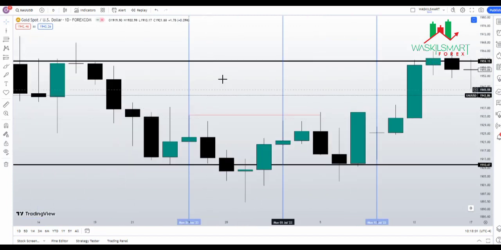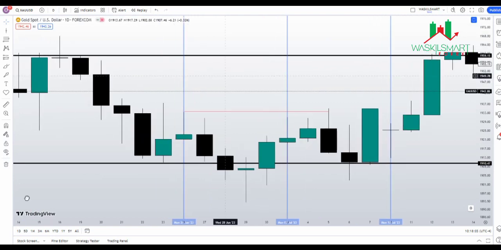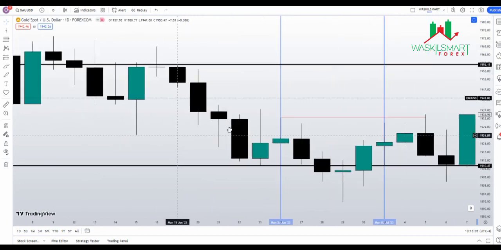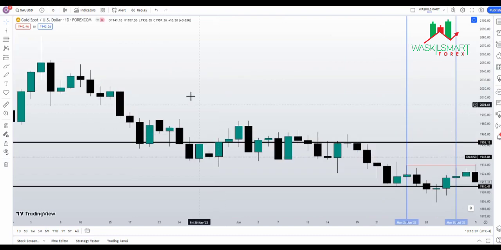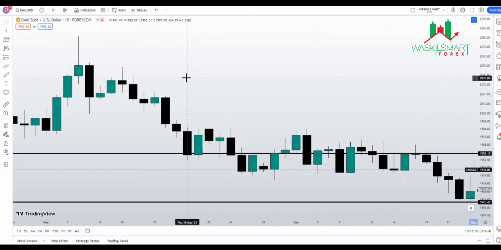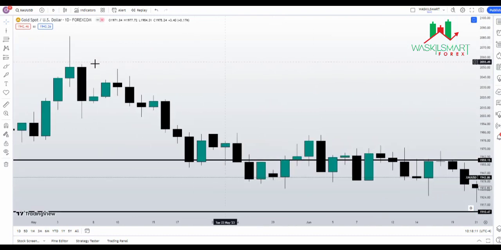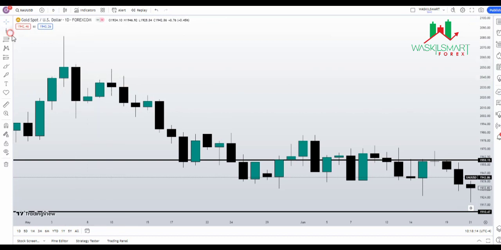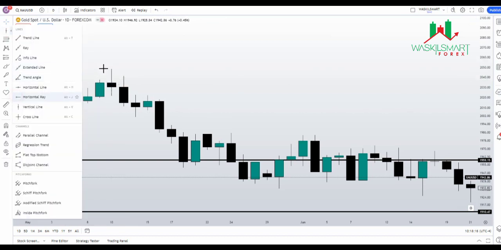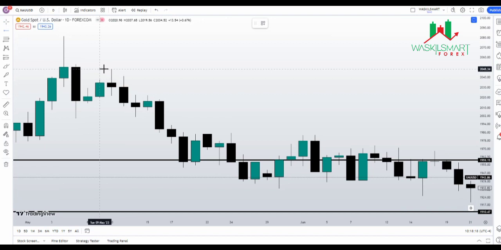Let me find an example, then you can just move on with it. Okay, now let me use this candle as an example. We have this range, the market opens there. We have range 1 and the second range 2.